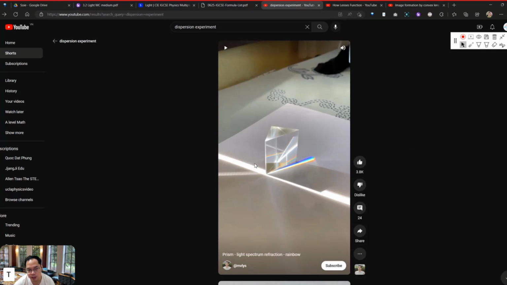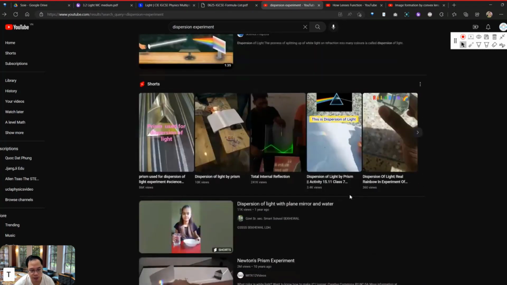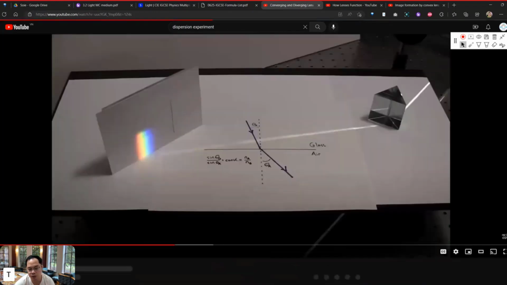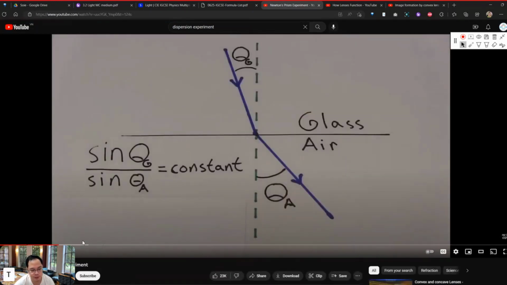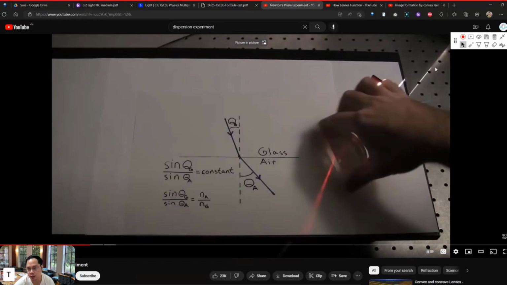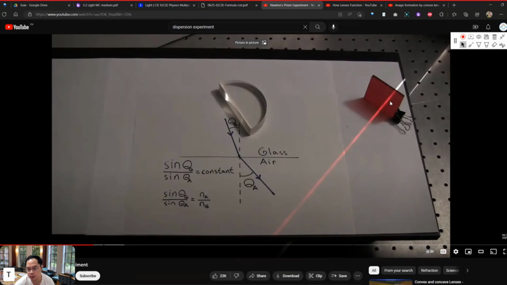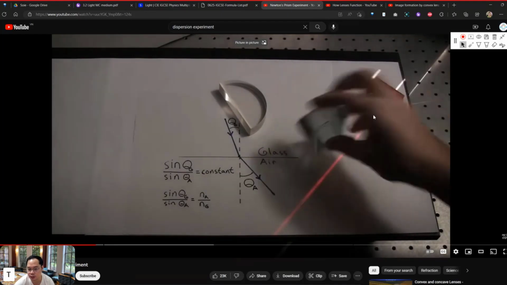Normally I show this in this experiment. This is the beam of light, with just a filter.